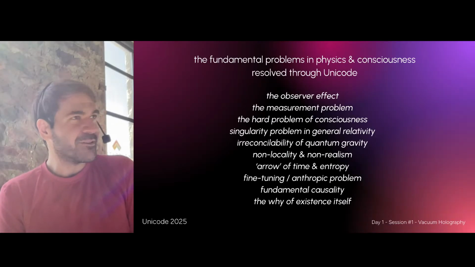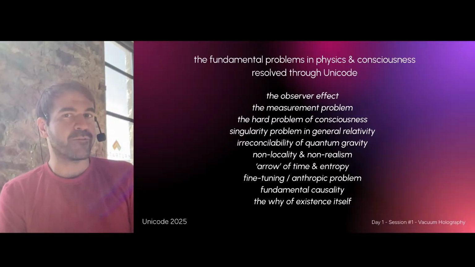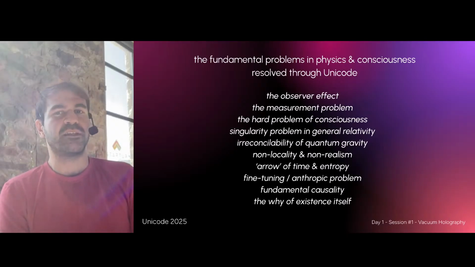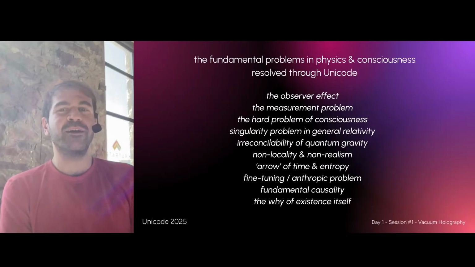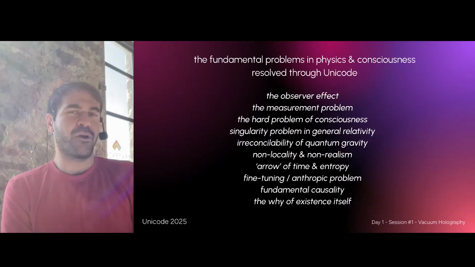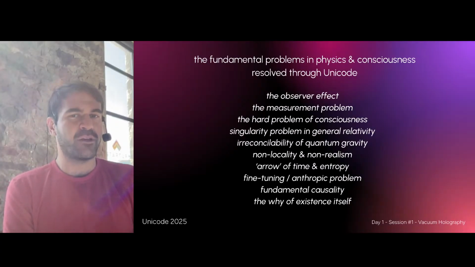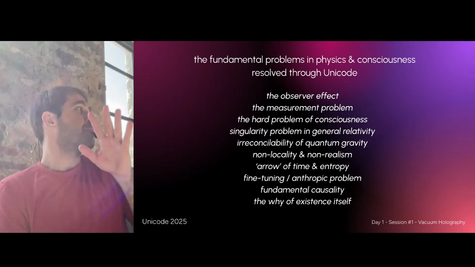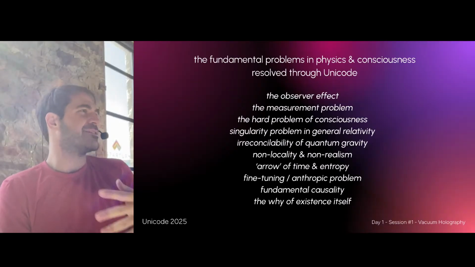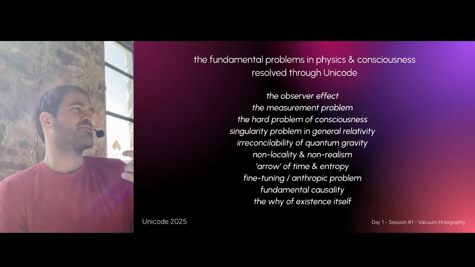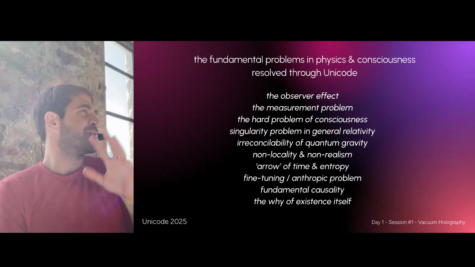So we're going to show how the observer effect, the measurement problem, the hard problem of consciousness, the singularity problem in general relativity, the irreconcilability of quantum gravity, non-locality and non-realism, the arrow of time and entropy, the fine-tuning anthropic problem, the fundamental causality, and the why of existence itself, how all of those and more, including things I've already hinted at, like the cosmological constant problem, the black hole information paradox, dark energy and dark matter, are added to it too.